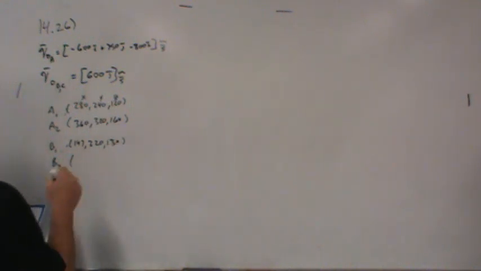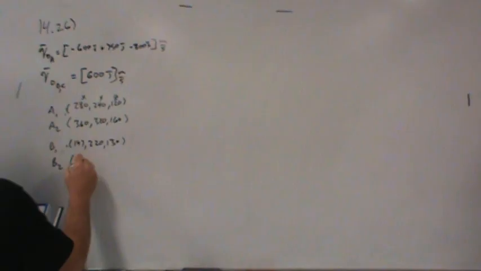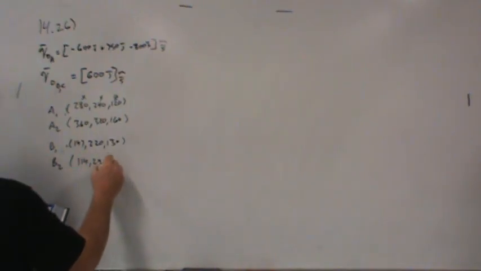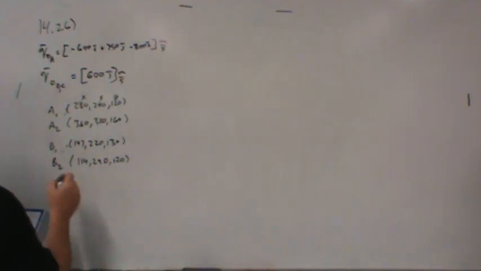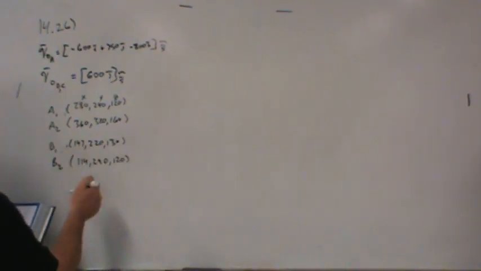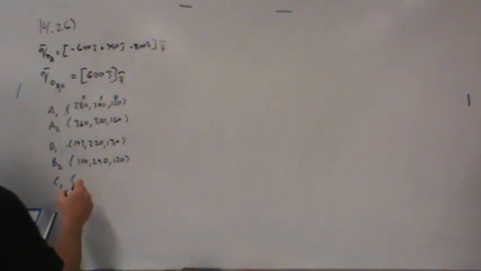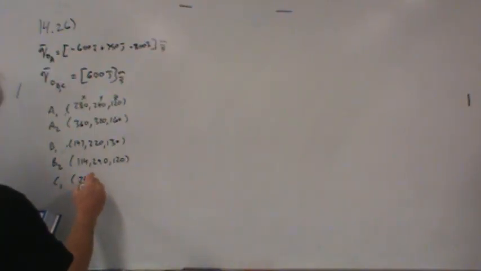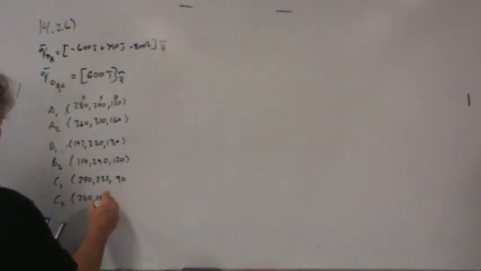B2 is 114, 290, 120. I hope I don't copy any of these wrong. Let's double check. 147, 220, 130. Yes, that looks okay. C1 is 240, 232, and 90 in the Z direction. And then finally C2 is 240, 280, and then 75. So that's the collection of points.